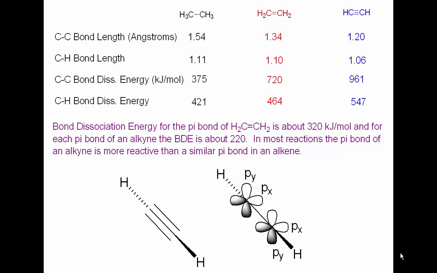You may be wondering, where do I get these calculations from? So 375 is what it is in ethylene. Twice 375 would be 750.